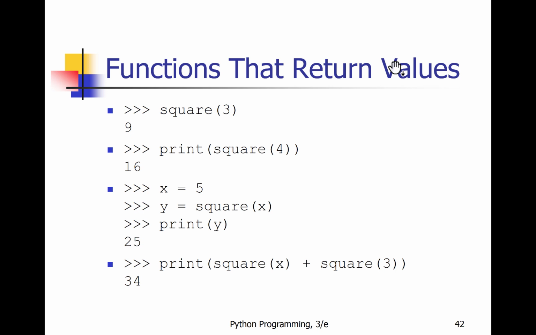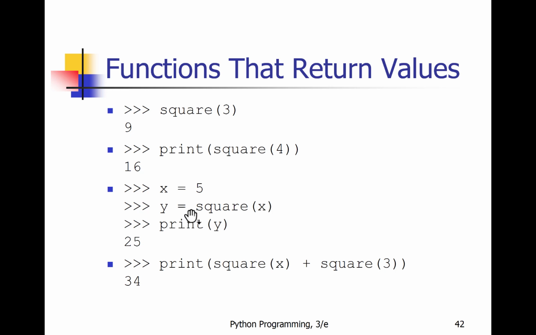We got 34. What's really nice about the syntax for functions is that when you place these formal parameters in the parentheses, they work like a lot of the built-in functions. So you could just interpret this as square of x.